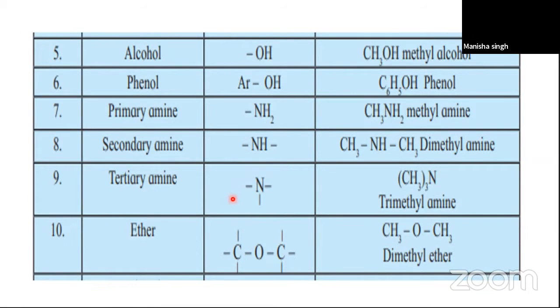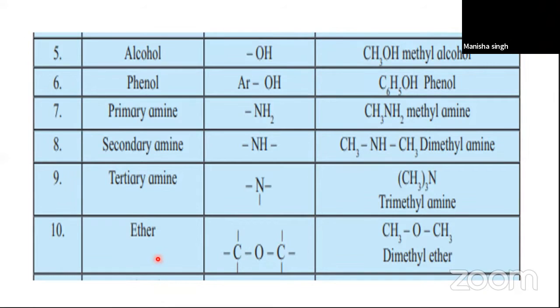So what remains? Only the nitrogen. So nitrogen with 3 bonds represents a tertiary amine. The example of that is trimethylamine. So methyl क्या है? These are the alkyl groups. So 3 alkyl groups are replacing the hydrogens. So the example is trimethylamine.